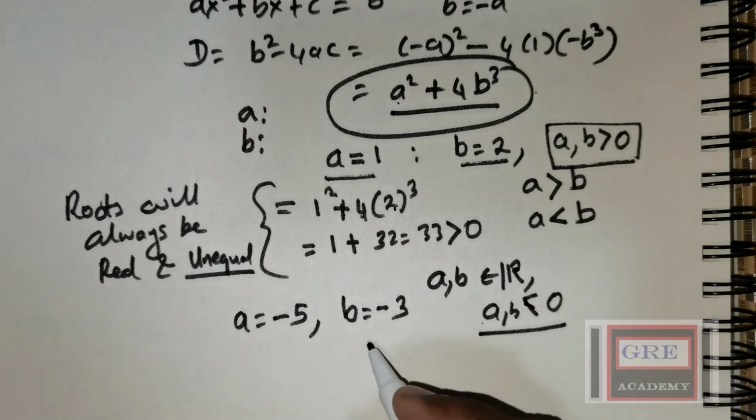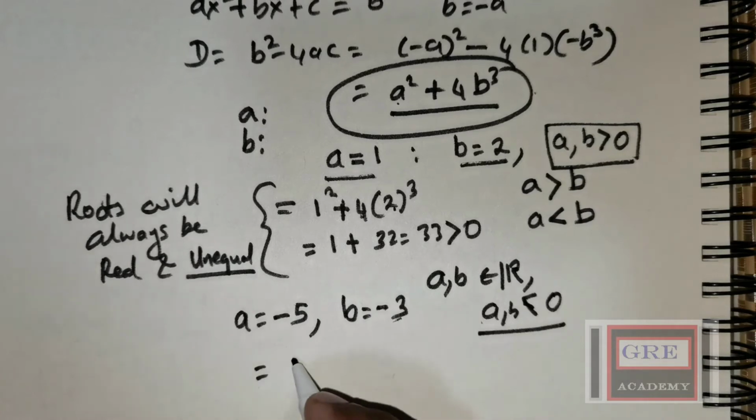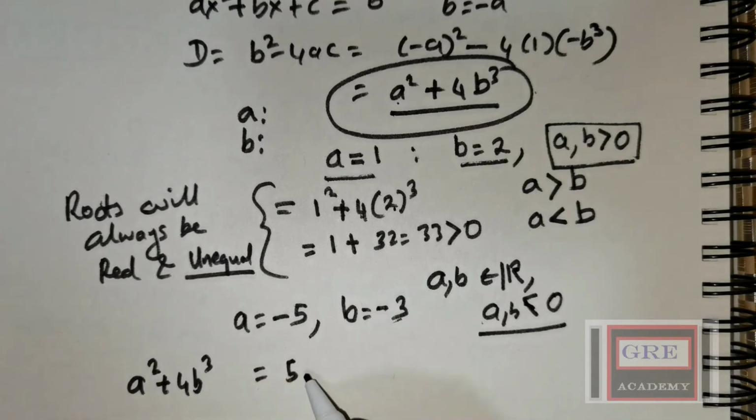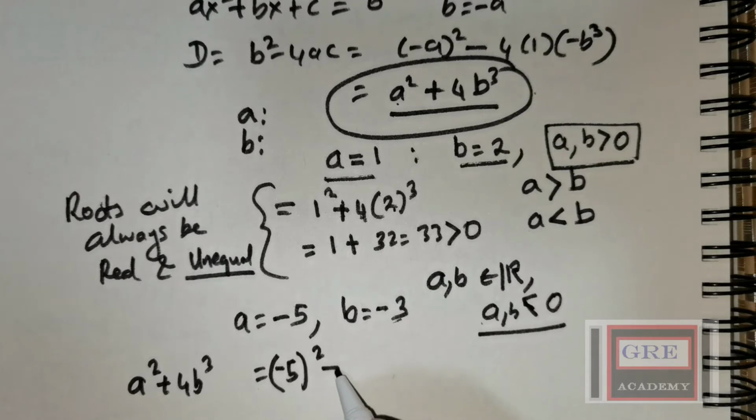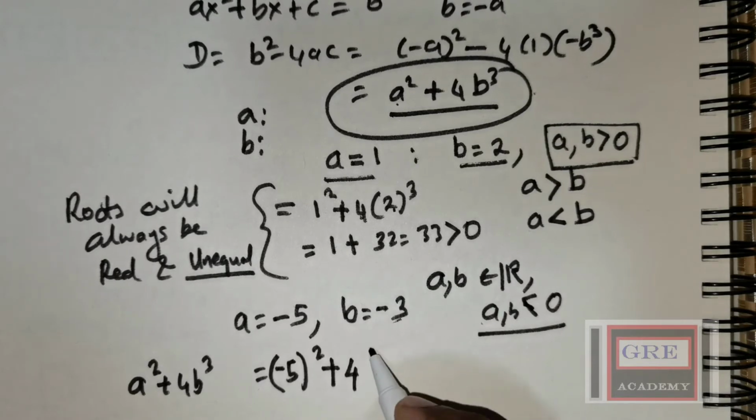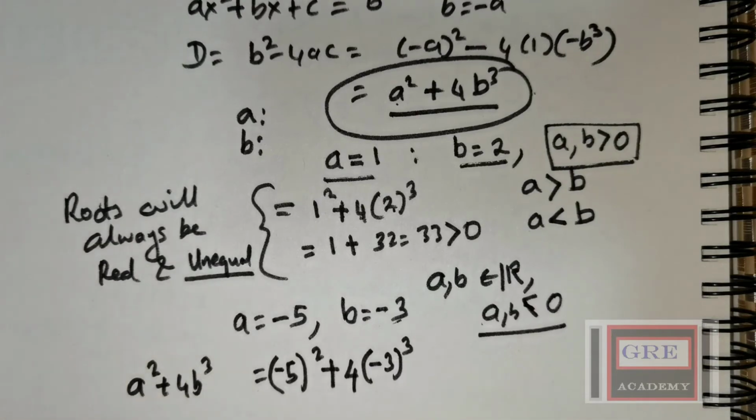Okay, clearly in this case a and b are negative but b is greater than a. So if I'm going to take these values, a squared + 4b cubed, I place −5 here raised to the power 2 and add it with 4 times (−3) raised to the power 3.